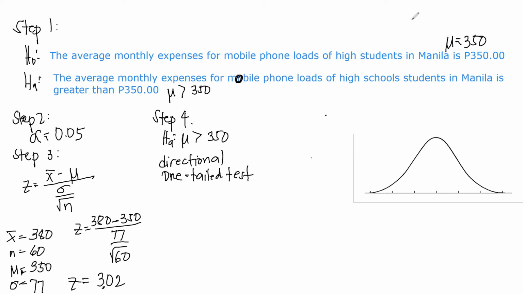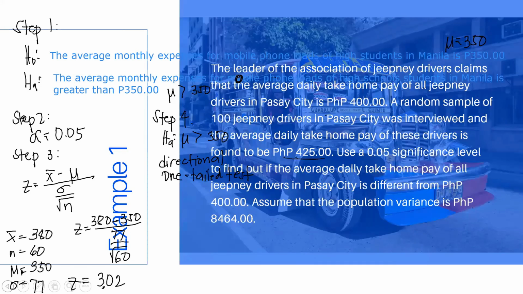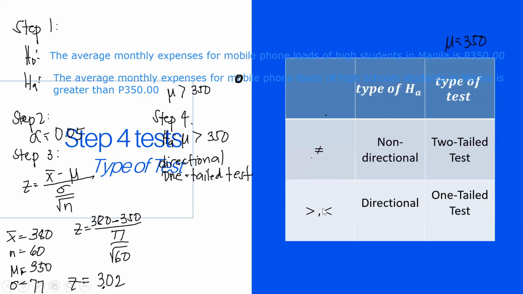For us to confirm, let's go back to the slide that we have seen earlier. As you can see, we have here a more specific inequality symbol. That's the reason why it is directional. And actually, class, we can use those symbols to determine if it's non-directional or directional. If we use greater than or less than symbol, this symbol resembles an arrow.